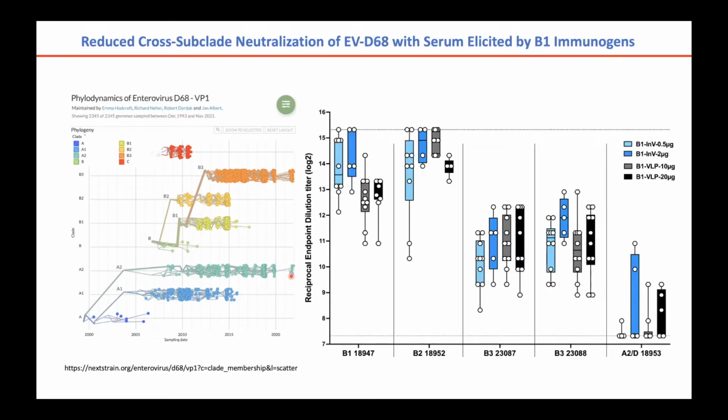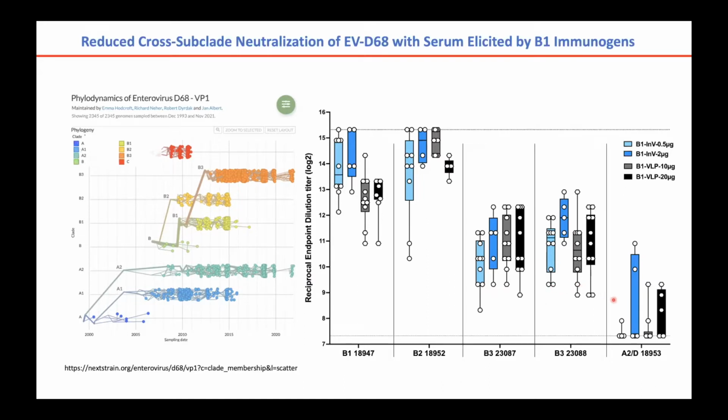As it turns out, as we've seen in the previous talks, in Dr. Vogt's talk of the 228 antibody neutralizing the B3 viruses, we also see about a 4 to 6-fold hit in the neutralization capacity of the serum raised against B1 immunogens to neutralize 2 different B3 viruses.